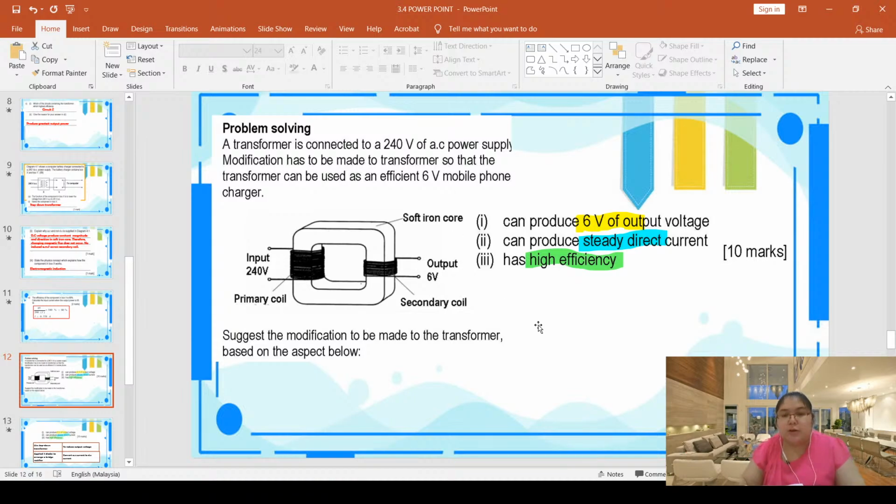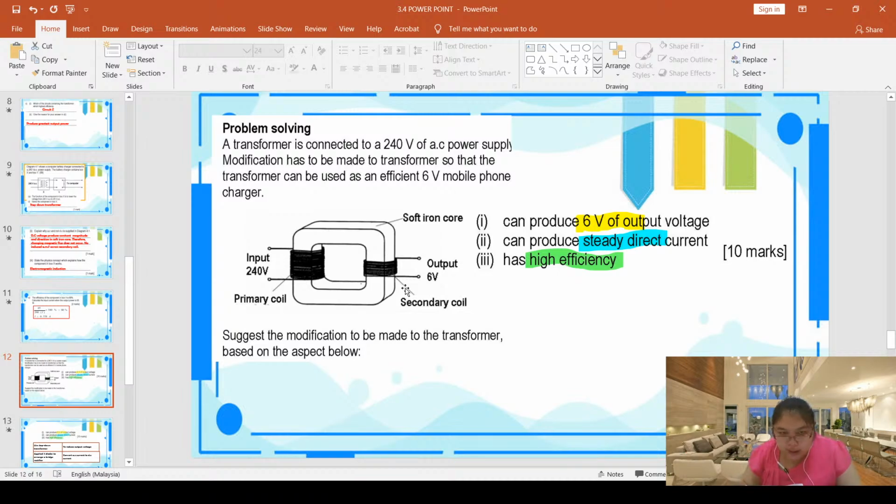So you can say about eddy current, you use laminations. You also can say you use thicker wire to reduce the resistance. And the last one, you say you use the proper shape, you change the shape so that the number of turns of primary and secondary become closer. So this is 3 more points you need to add.